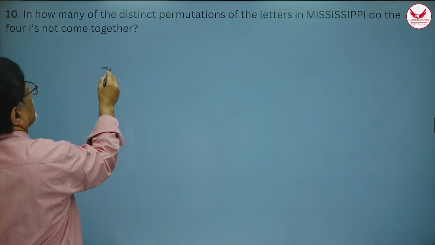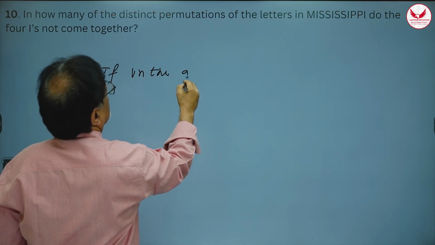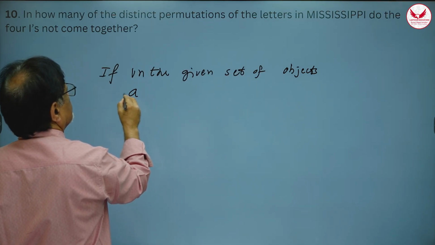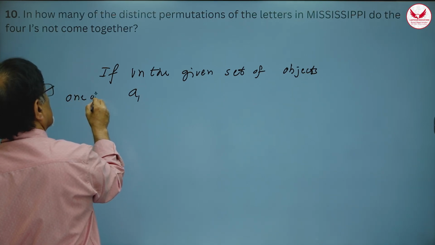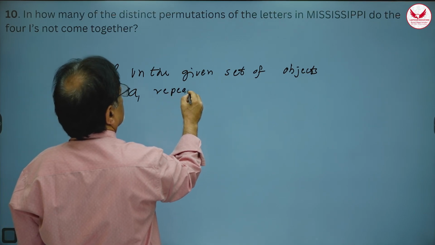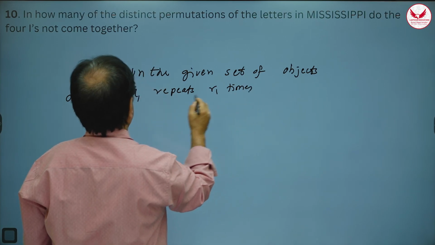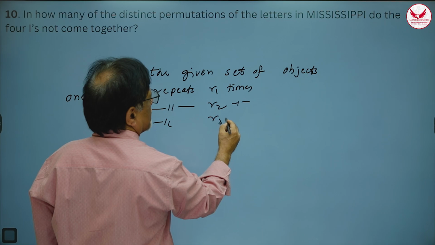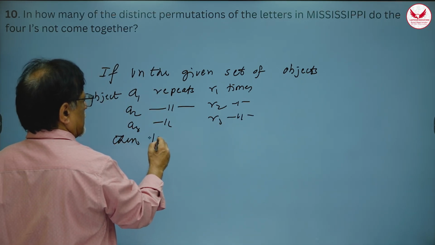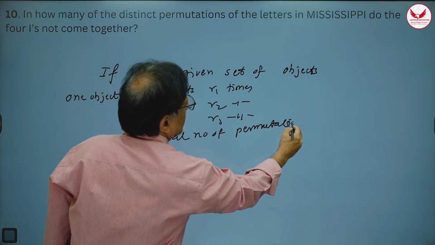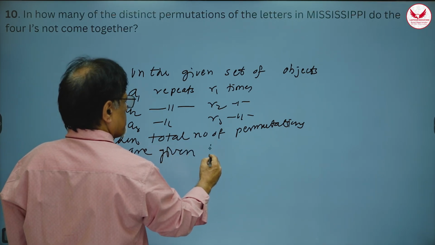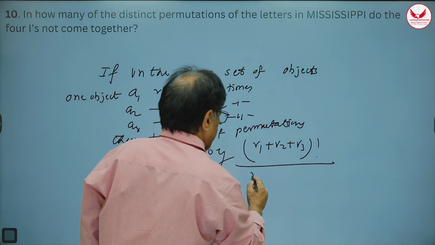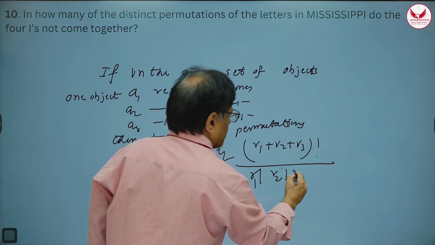The formula is this: if in the given set of objects, one object A1 repeats R1 times, A2 repeats R2 times, A3 repeats R3 times, then the total number of permutations is given by (R1 plus R2 plus R3) factorial divided by R1 factorial, R2 factorial, R3 factorial.